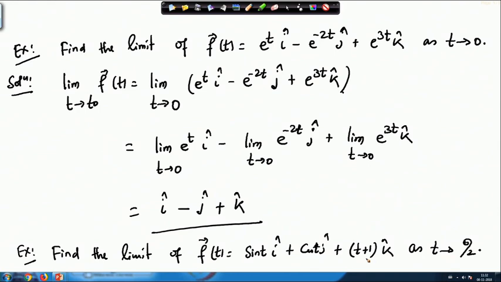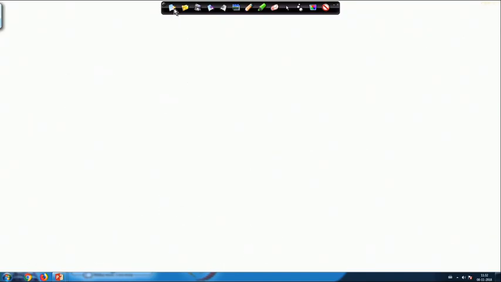And there are some other ways to denote a vector function or a vector quantity.